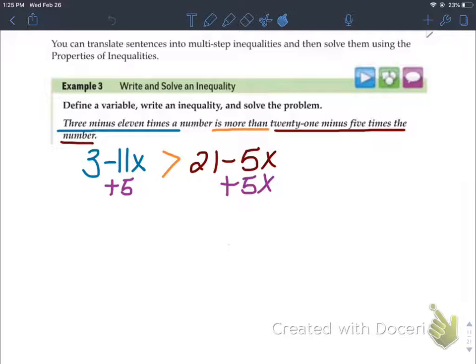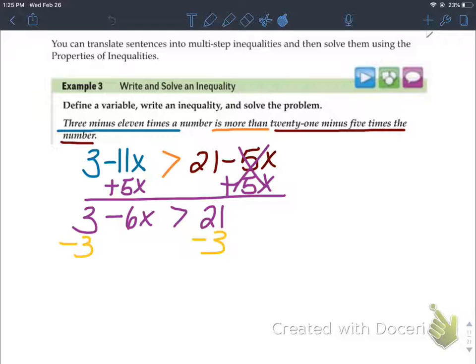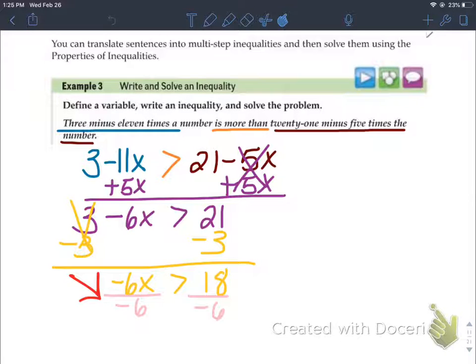Okay. Then if I add 5x to both sides, you can choose to start with a different point. I just chose 5x. Then I will simplify and get that 3 minus 6x is greater than 21. Then I can subtract 3 from both sides and simplify and get negative 6x is greater than 18.